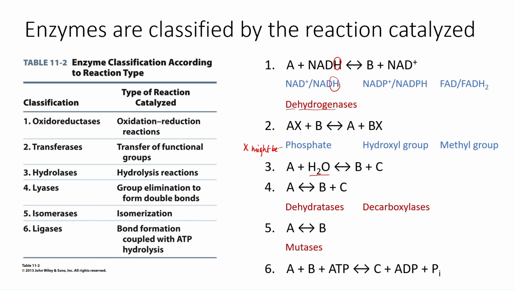Now we have two reactants, A plus B, and they get joined together to make the product C. At the same time this bond formation is happening between A and B, we have bond breaking happening in ATP, where we have an ATP reactant that gets cleaved into the products ADP plus inorganic phosphate. So that phosphate bond is being broken, which is lending energy to help form the bond between A and B to help create that final product C.